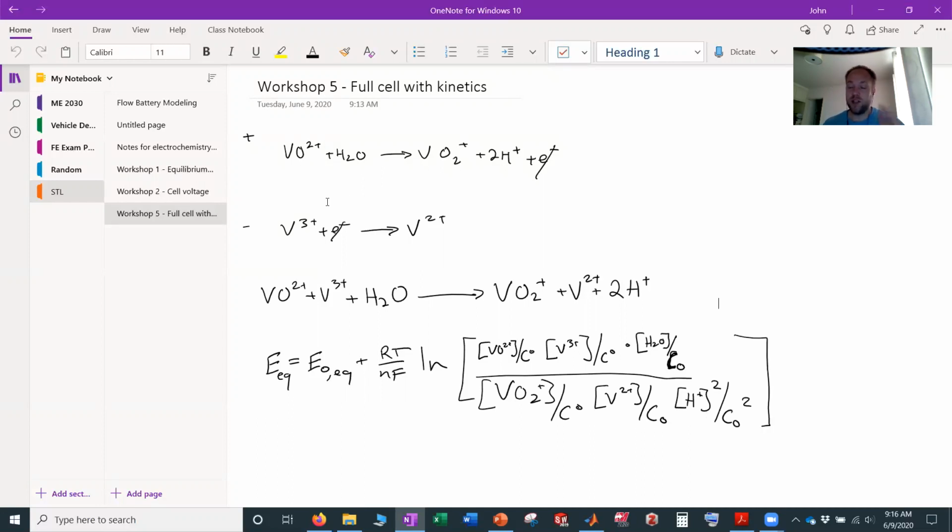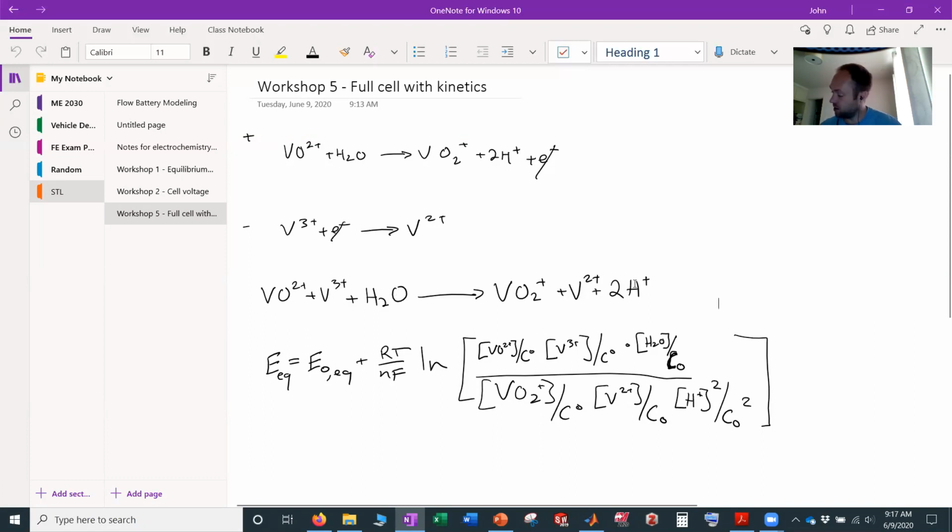So what you'll see is that normally, sometimes I'll write this and I'll just drop the standard concentrations. The reason that works is usually because you have the same number of species on the left and the right. The reason that doesn't work in this case is because if we ignore water, we have 2 species on the left and 4 species on the right.